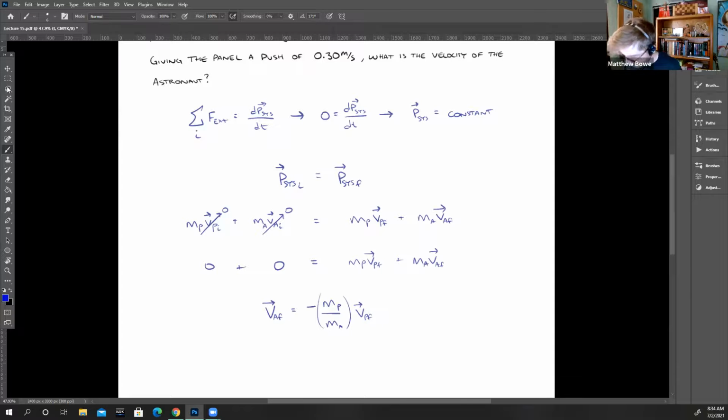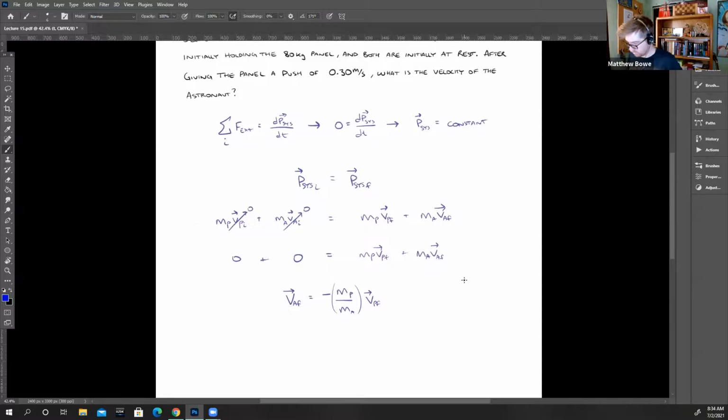All right. So we have something that's very doable here. This is where I wanted to not draw the picture first. We're going to see just from this equation, just from doing this process, we can tell how the astronaut's going to move.